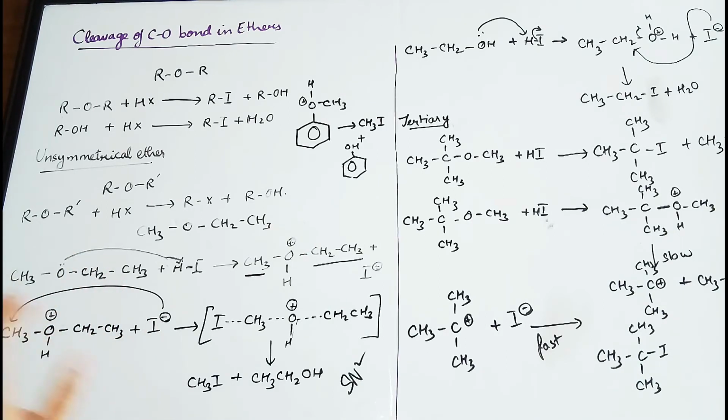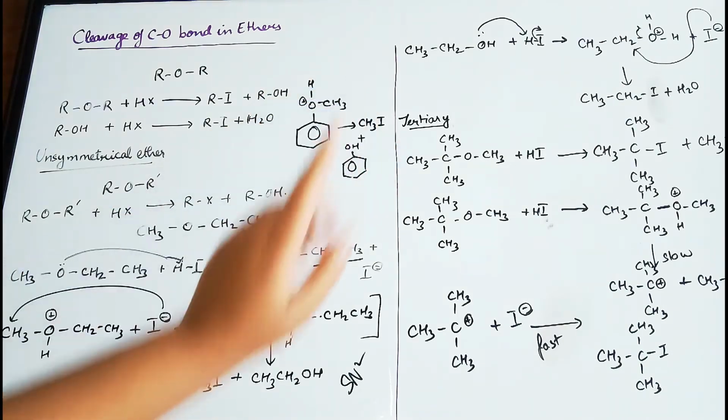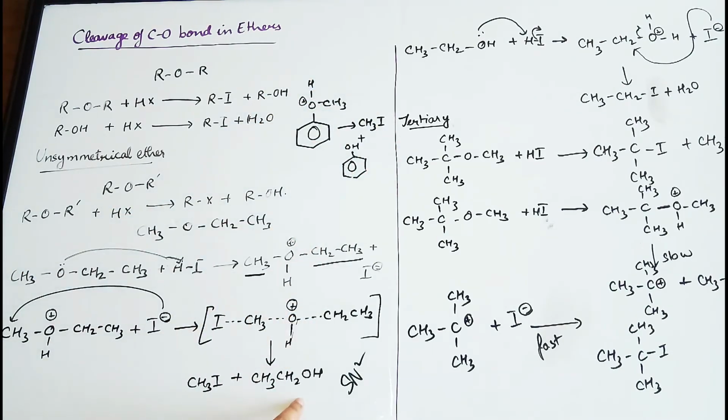In the case of a secondary or a primary alkyl group, it is going to follow the SN2 mechanism, and this leads to the formation of an alcohol by the more substituted group and an alkyl halide by the less substituted group. The alcohol further undergoes reaction to form the alkyl halide.